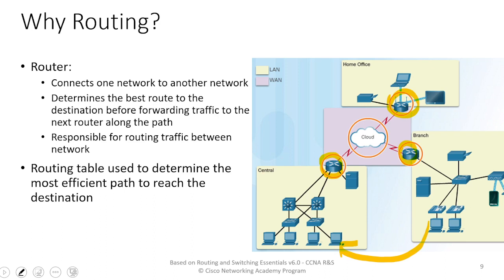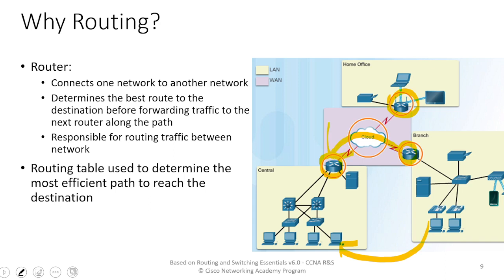This is where the aspect of routing comes in, where these devices will learn about other possible networks that they can connect to, and they will find a suitable path to reach those devices. Say, for example, if we are to connect from the branch to the central office, it may be that we connect through a path like this. That may be one option.